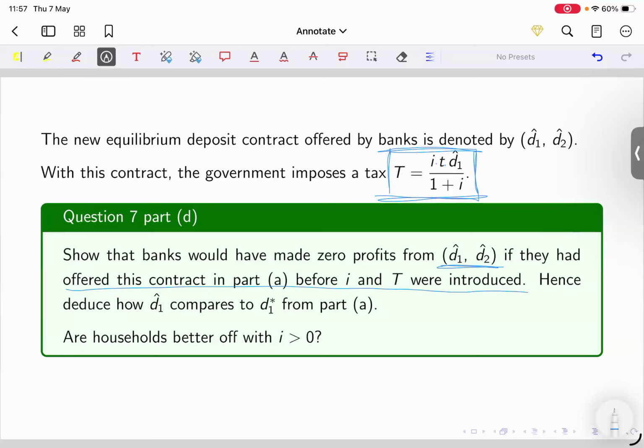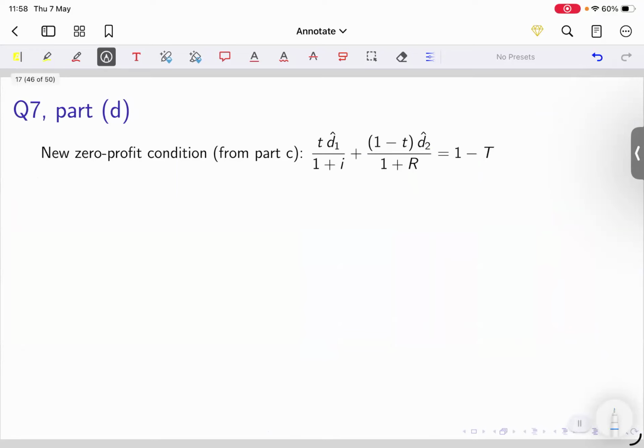What does it mean practically, mathematically, geometrically? This point satisfies the initial zero profit condition and lies on that line. And then from here, we can deduce how the two bundles compare and whether households are better off with I.